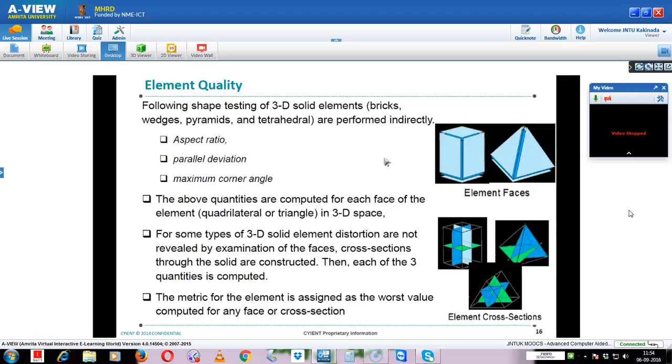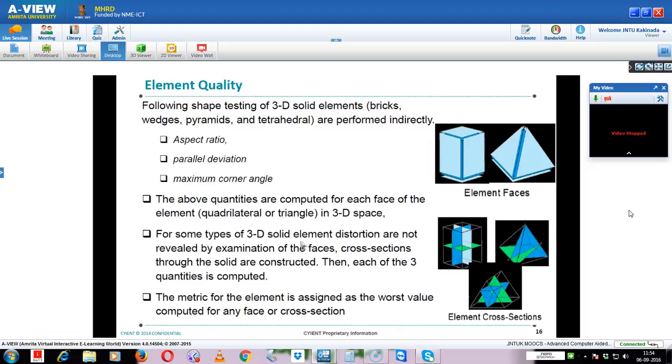If you take this brick element, there are 6 faces, and for all 6 faces it will calculate aspect ratio, parallel deviation, and maximum corner angle. For this tet, it will calculate for all the 4 trias.